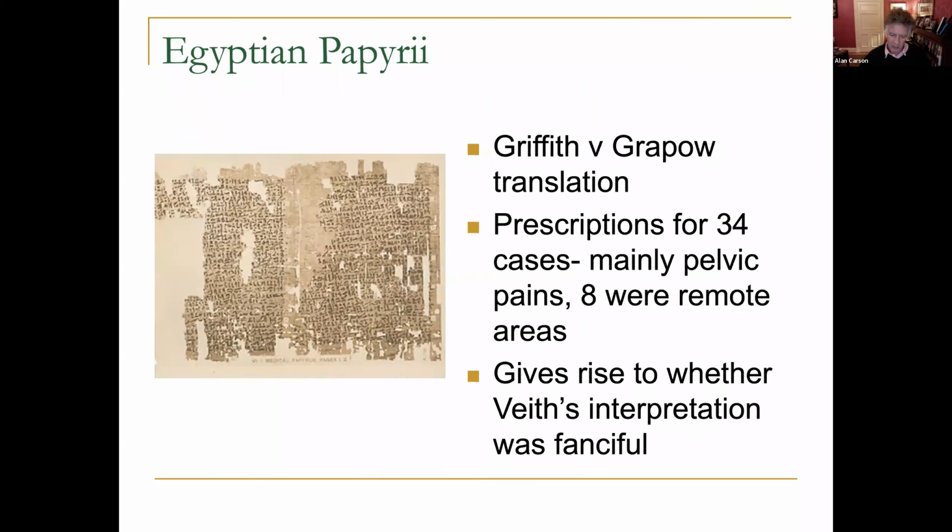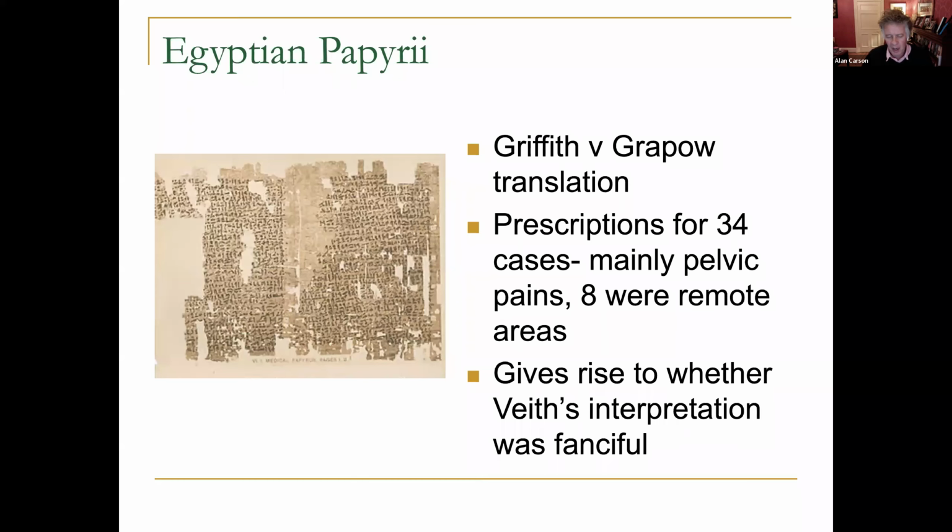But when I was a trainee, we were taught that the earliest mentions in written medicine of any disorder were of hysterical disorders. Egyptian papyri, particularly the Kahun papyrus, is often cited as one of the earliest medical documents.